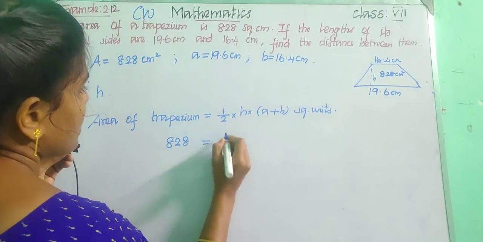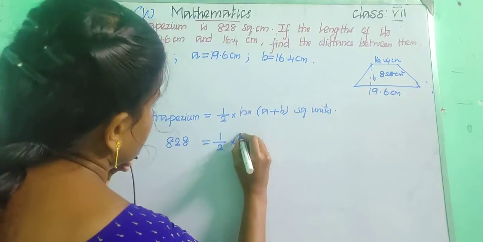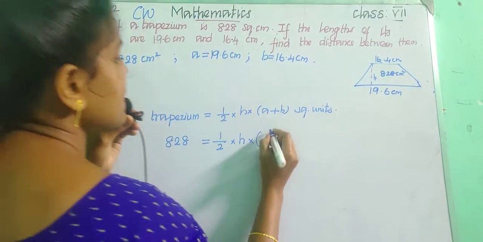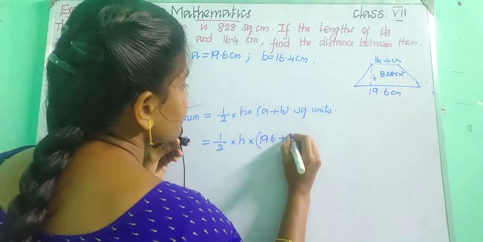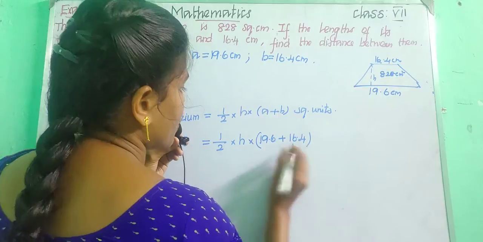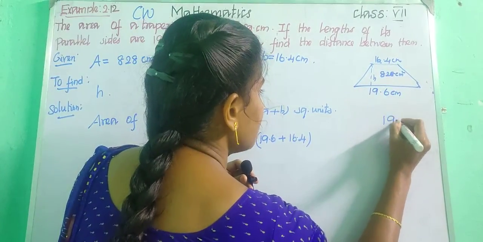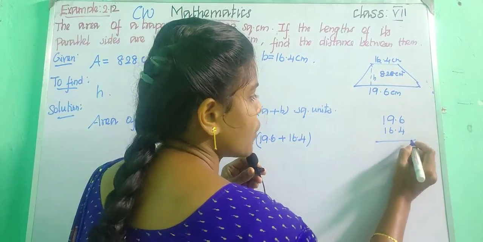828 equals half into h. H we need to find. A is 19.6 centimeter, plus B, 16.4. Now add these two brackets. 19.6 plus 16.4. Add 6 plus 4, 10.